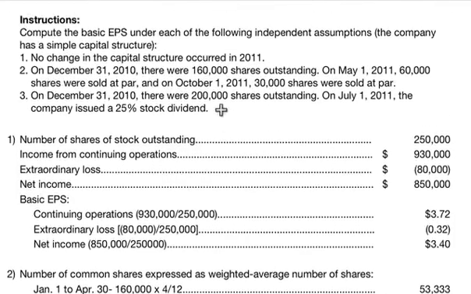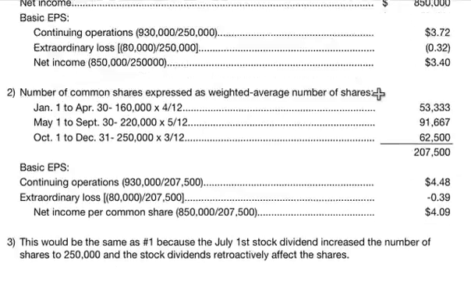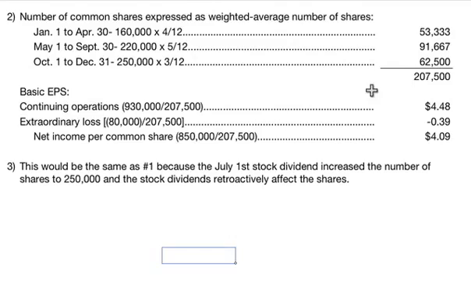Now number two: on December 31st, 2010, there were 160,000 shares outstanding. On May 1st, 2011, 60,000 shares were sold at par, and on October 1st, 2011, 30,000 shares were sold at par. So for number two, these are our numbers. You have the number of common shares expressed as a weighted average number of shares.